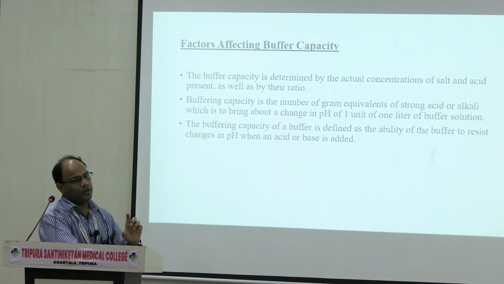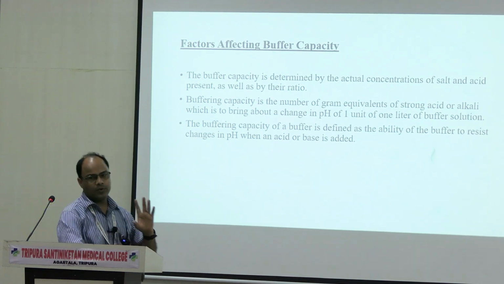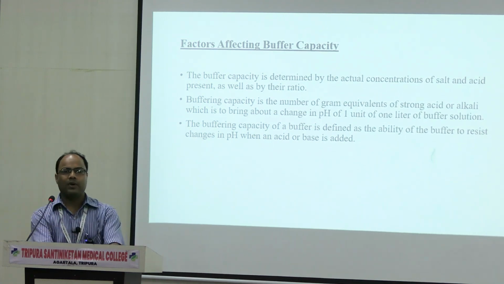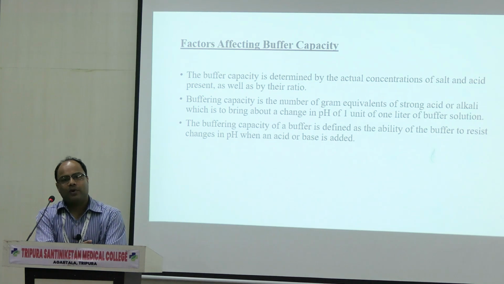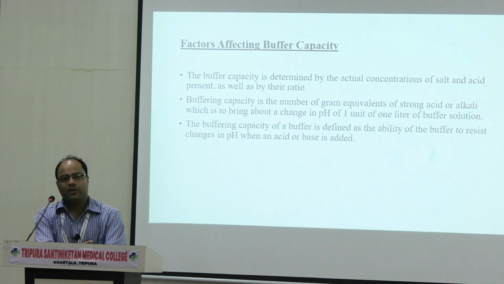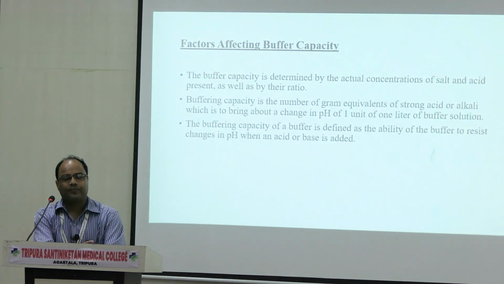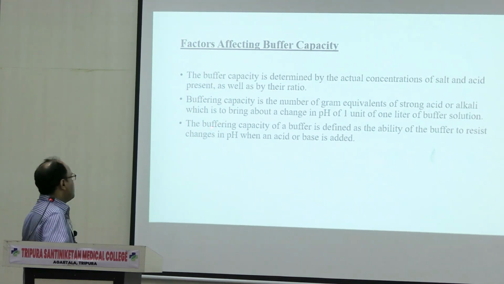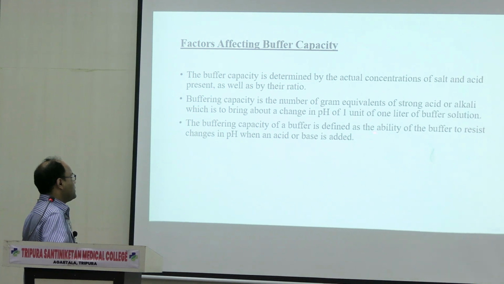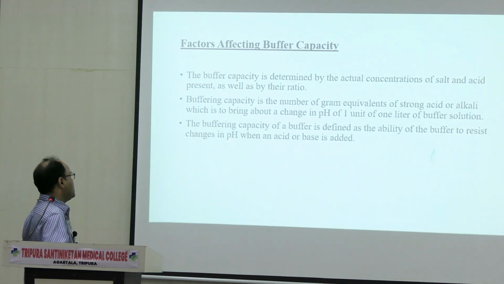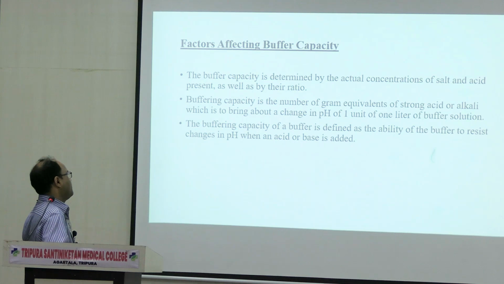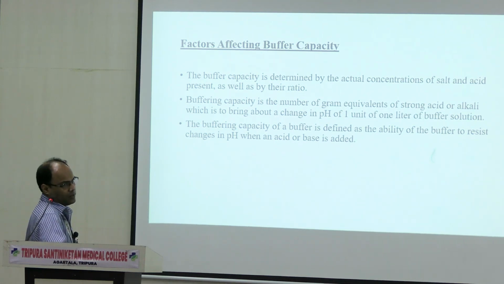For example, if I gave 2 gram of sodium hydroxide, the buffering capacity is 2. By this way. Okay. So the buffering capacity of a buffer is defined as the ability of the buffer to resist changes in pH when acid or alkali is added. That is called buffering capacity.